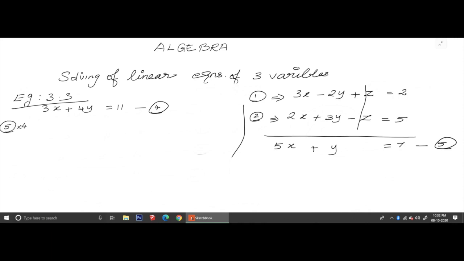So what do I get? 5 fours are 20x plus 1 four is 4y is equal to 7 fours are 28. Are you clear, ma? And now you see, the coefficient of y is 4 and 4, both are plus 4. Here, in the previous one we had one plus and the other one minus, so we added it, so it gets cancelled.